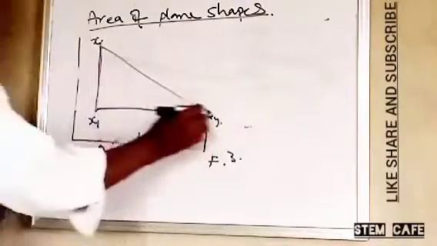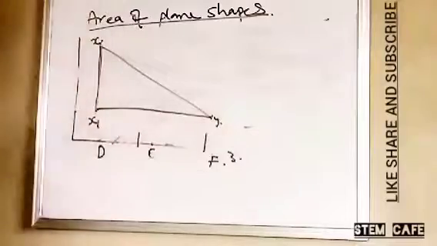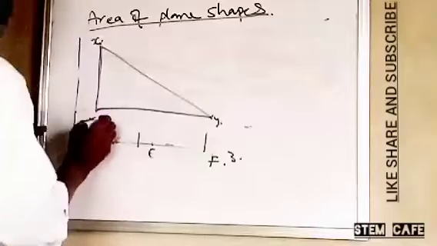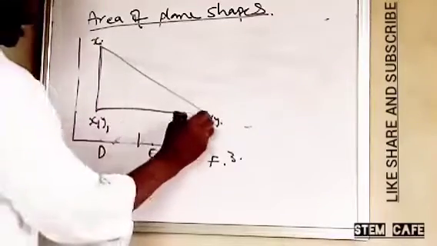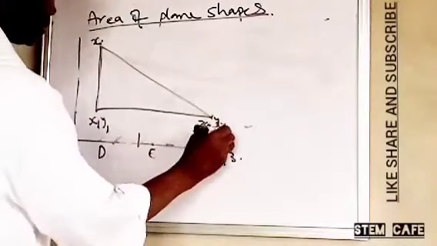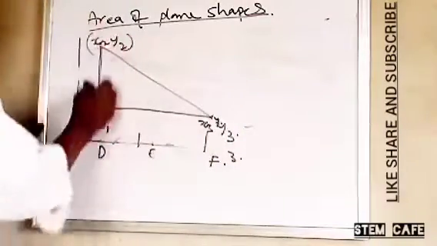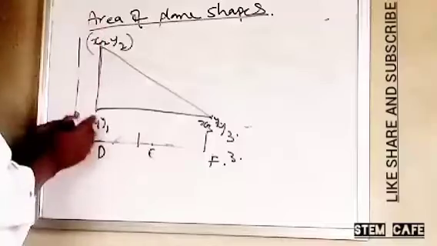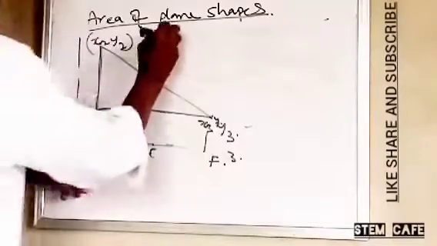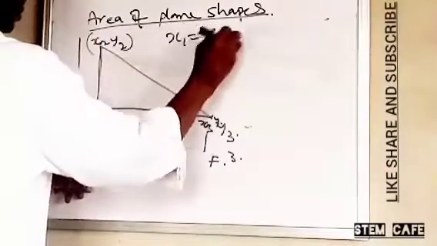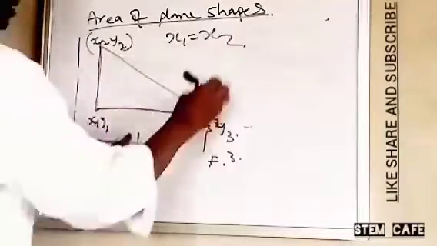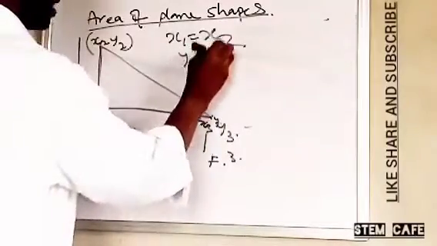It means you can just subtract straight and get your area. So I have it like this: x1, y1, x3, y3, x2, y2. If you look at this, this will be a straight line if x1 is equal to x2, and this one will be straight if y1 is equal to y2.